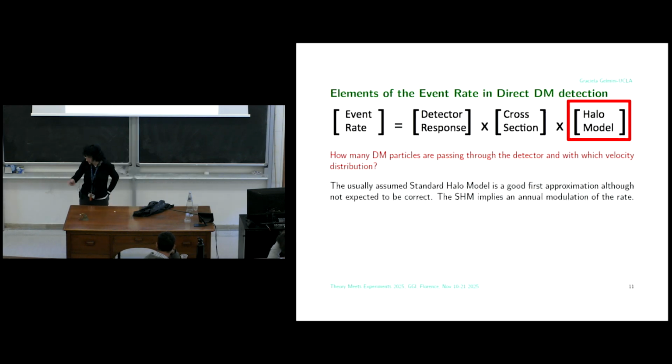There was this comment the other day, and I will repeat it again. I think they did an estimate, right? I may be wrong by one order of magnitude or something. If you take the size of the solar system, I took 30 astronomical units, I convert it to parsecs, take the cube of it, and multiply this by about 0.4 GeV per centimeter cube. 0.4 GeV per centimeter cube is about 10 to the minus 2 solar masses per parsec cube.